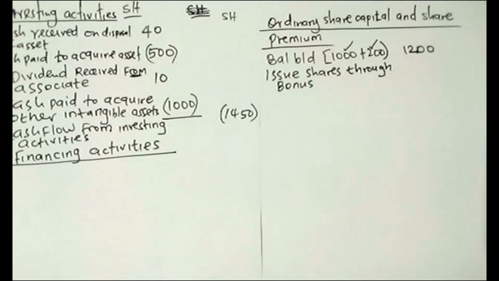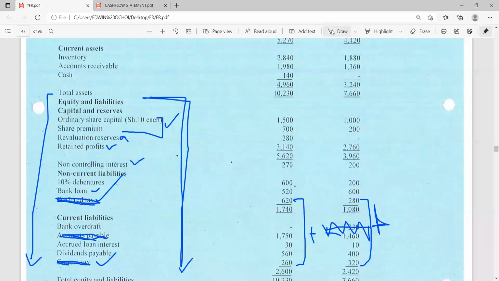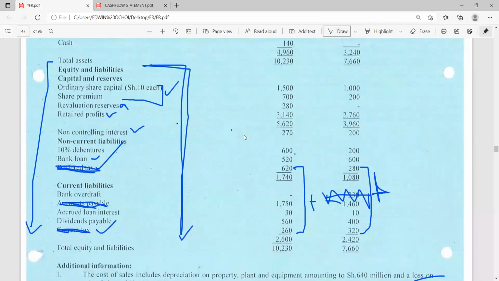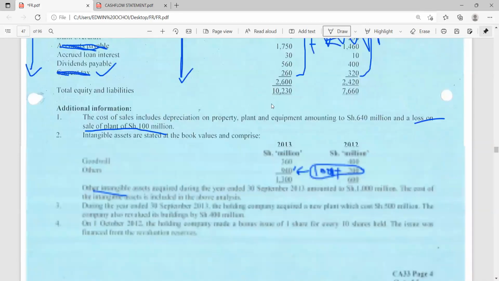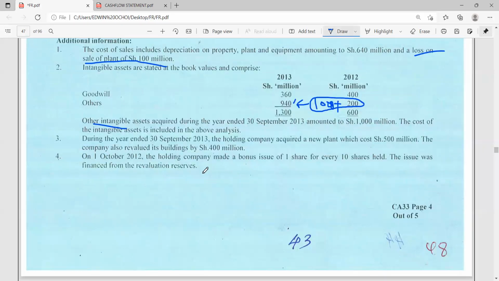Remember that that bonus was financed by the money which was from the revaluation reserve. That is even why I would never use revaluation reserve anyway, because the money under the revaluation reserve has been used in the financing of our bonus.